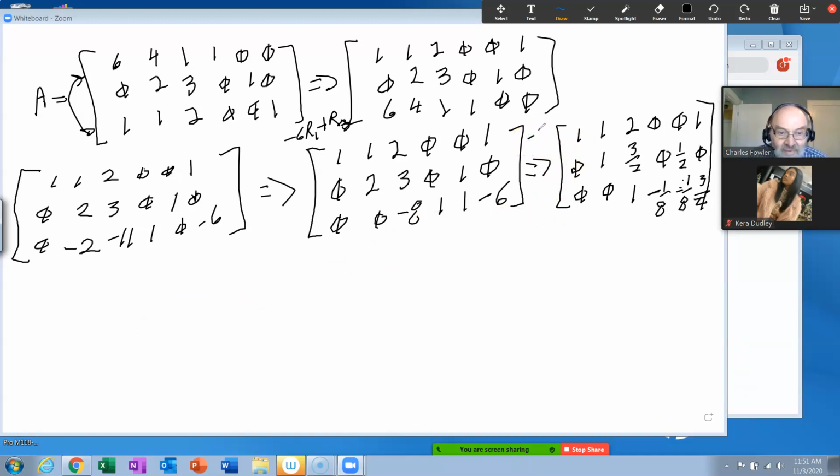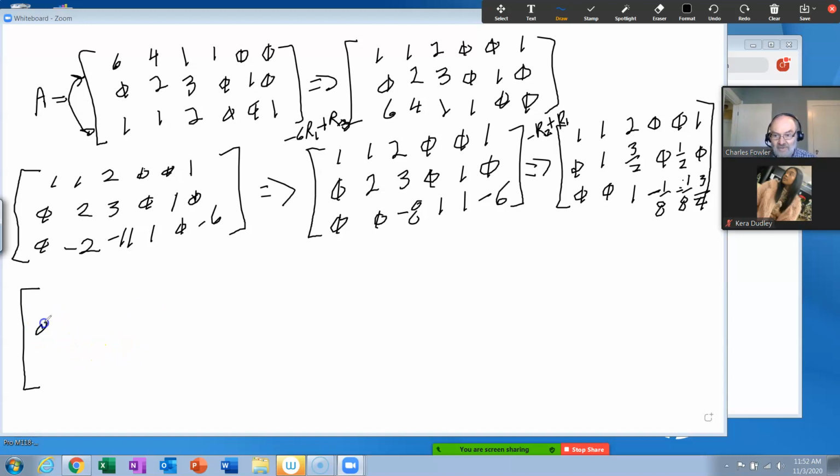Okay. Next thing we're going to do is negative row 2 plus row 1, to try to get that to become a 0. That should work, I think. Alright.